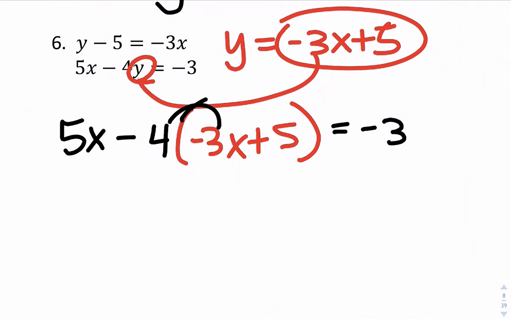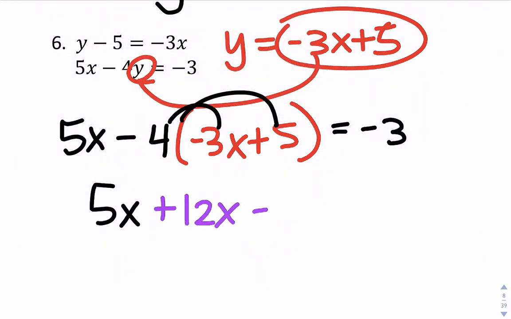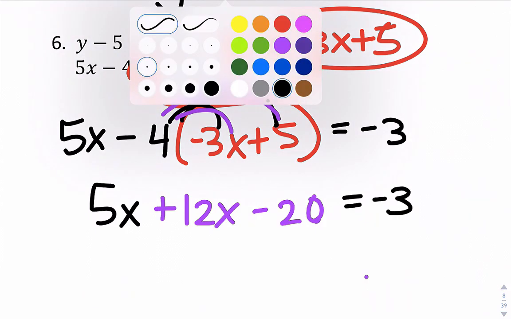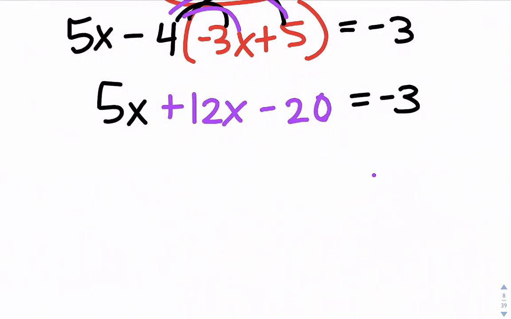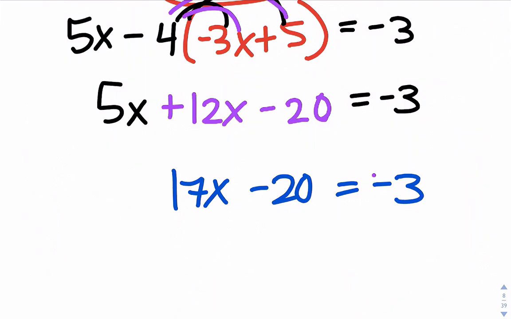Okay, let's distribute. So we get 5x. And then a negative times a negative is a positive, so plus 12x minus 20, if we distribute, equals negative 3. And then we'll combine like terms. So we have 17x minus 20 equals negative 3.